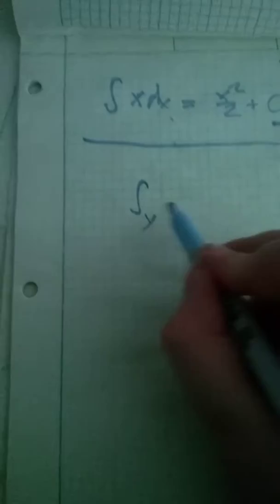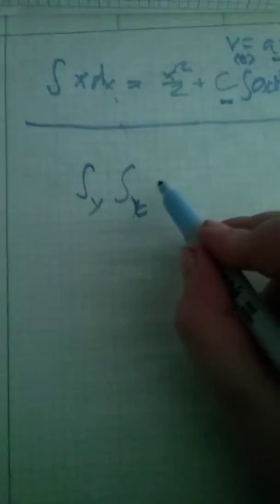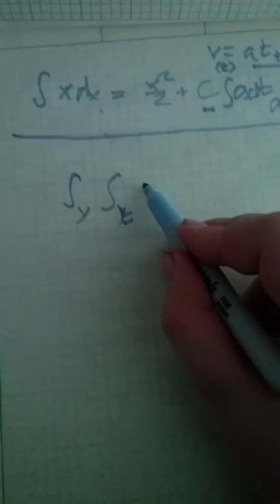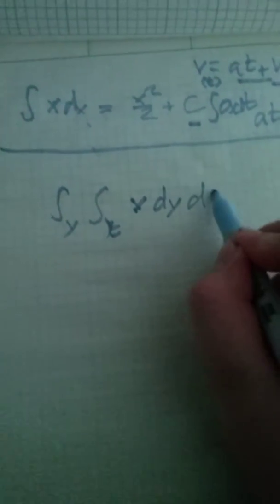I'm not going to talk about a whole bunch of that because this isn't meant to be super in depth. This is just explaining the basics as quickly as I possibly can. So if I'm integrating something, we were going with y and t, and the formula was y dy dt.